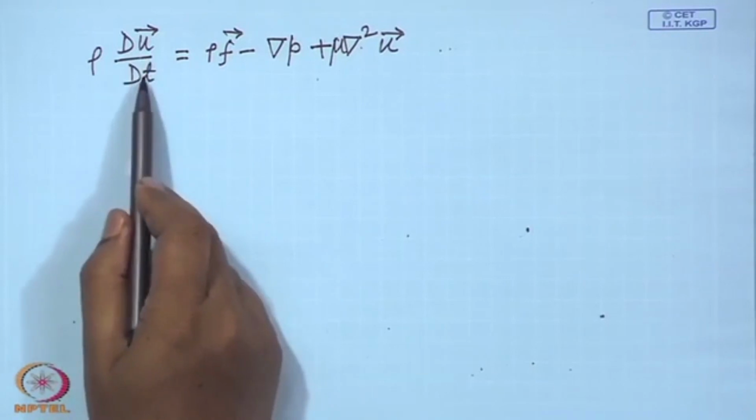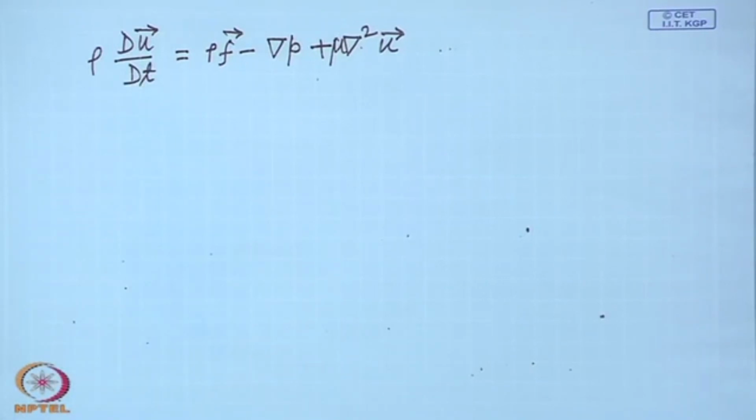This term, which as you know can be written as du_i/dt plus u_j du_i/dx_j. That term u_j du_i/dx_j is nonlinear, the coefficients are themselves unknown functions or the actual variables. So, the equations are nonlinear partial differential equations.